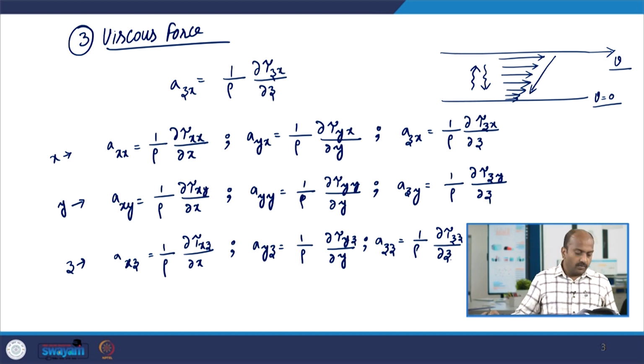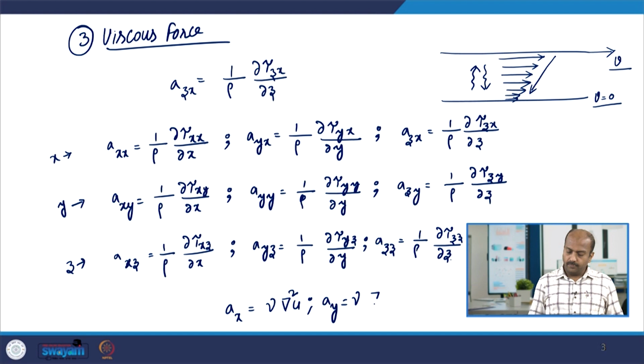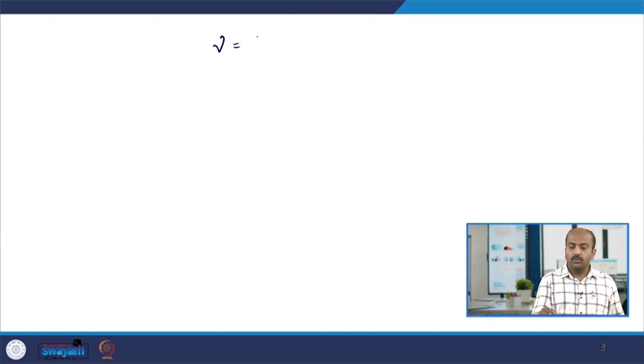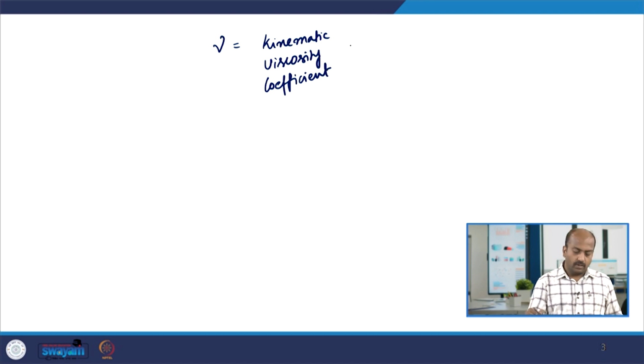So, these are the values, so now we can combine all this and we write A x is nu del square u, A y is nu del square v, A z is nu del square w, where nu is the kinematic viscosity coefficient, which can be written as mu by rho.